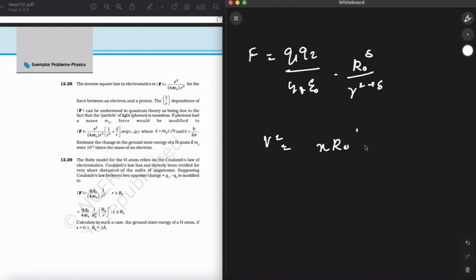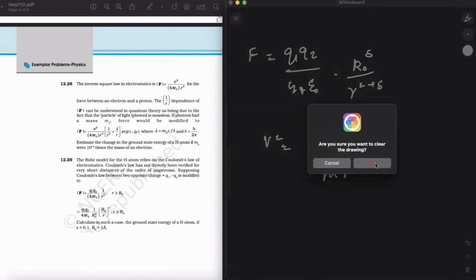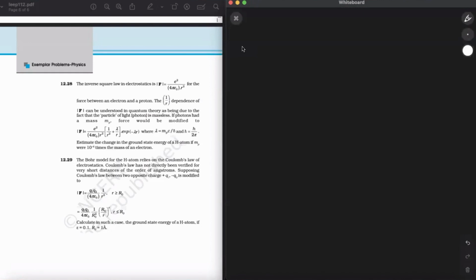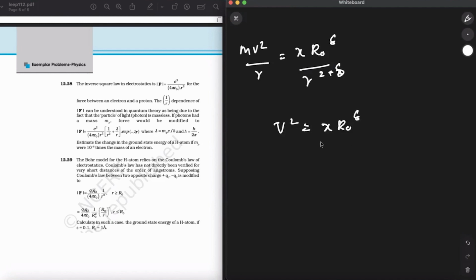So m v square upon r is equal to X r naught delta upon r 2 plus delta. So v square can be written as X r naught delta upon m r 1 plus delta.